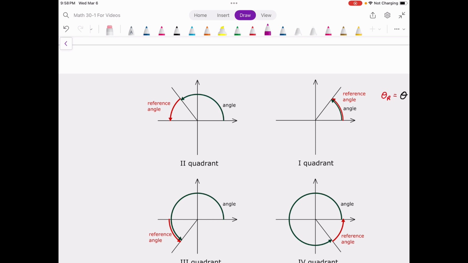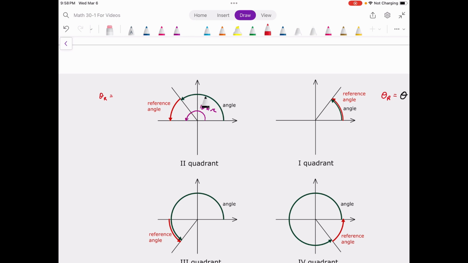Well, we know that this is 180 degrees, right? Or pi radians. So think about that. Well, did we get all the way to 180 with our angle? Just this angle here? No, right? We stopped short of it. We stopped this far short of it. So the reference angle is going to be whatever's left after we take away, look at this here, right?